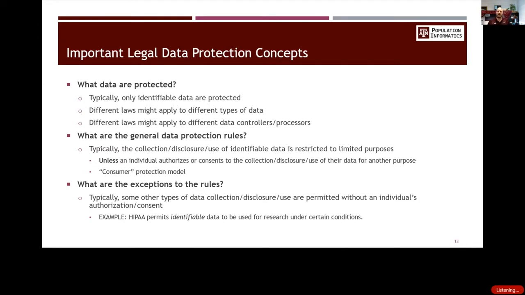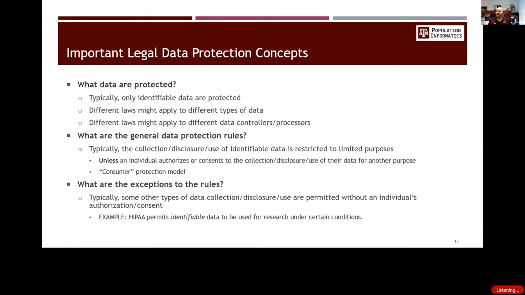So if data has been de-identified, whatever that means, then often it will no longer be subject to those legal data protections. What you also need to be aware of is that different laws might apply to different types of data. So health data are protected by one law, education data might be protected by something entirely different. Video rental data might be protected by a third law.